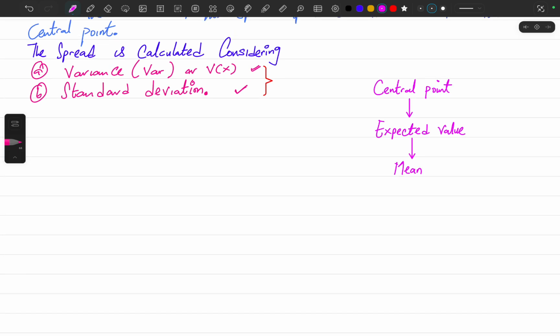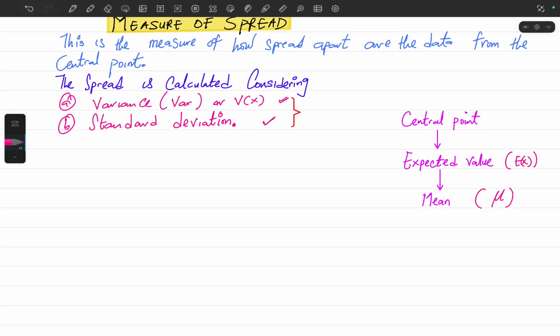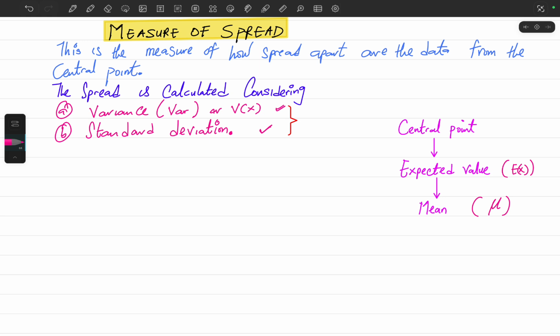So the expected value, which you agree with me, will represent that, and the mean, which is represented by that, is the weighted mean. So in that way, when you're talking about the central point, you're talking about the measure of spread. You're talking about how spread apart your data are from the central point, from the center of your data. How spread apart are they?